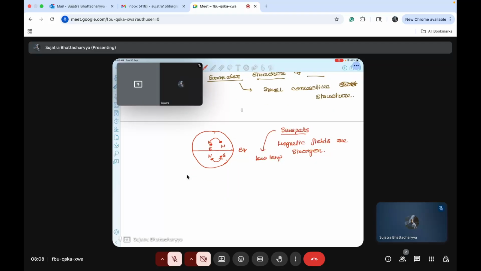And these field lines come out of sunspots. We have discussed this too. That's all.